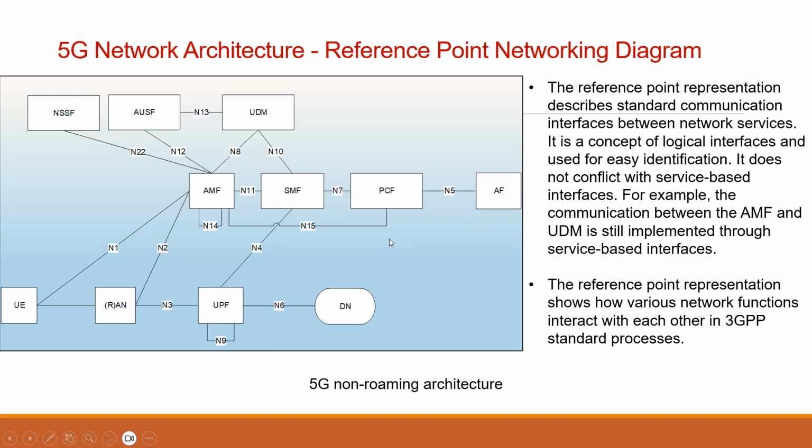And if you're talking about the reference, PCF communicates with the application function over N5, and SMF and PCF over N7. But these are just a reference, all logical interfaces. The actual interfaces are basically the ones on the SBI.